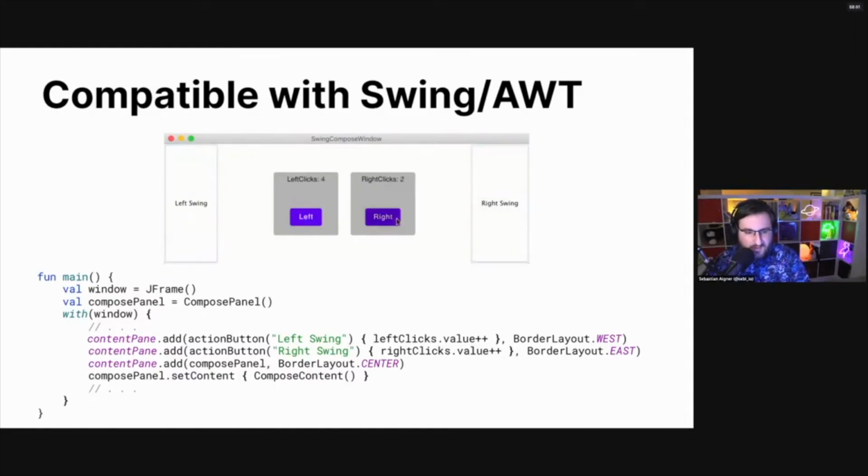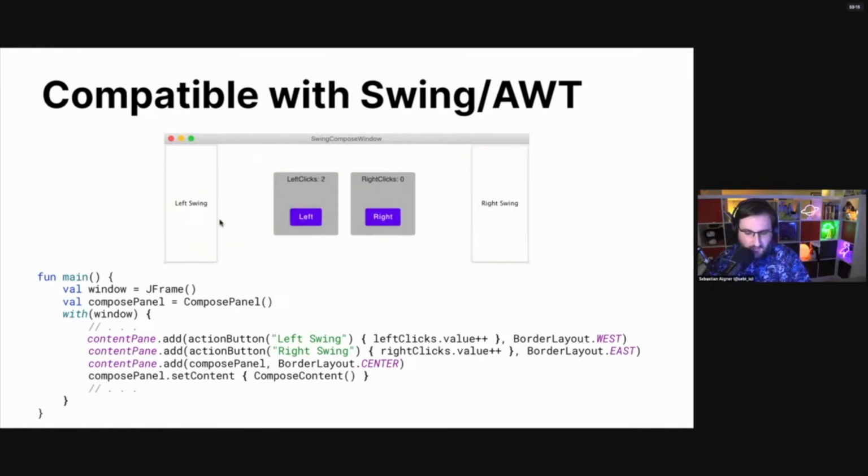So we integrate with Swing and AWT. You can just spawn a Compose canvas inside a Swing window, for example. You can just add that, and you can modify the state of it externally, and also access the state of the surrounding application directly from within Compose for Desktop.